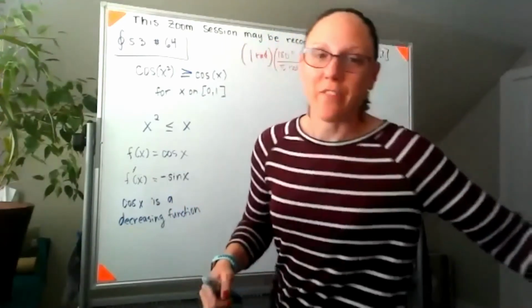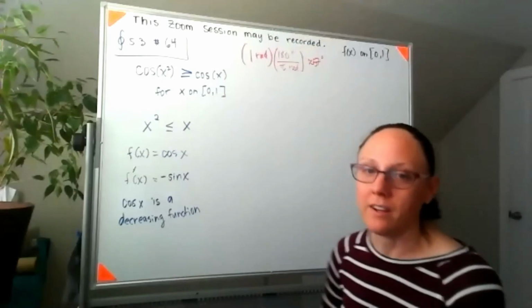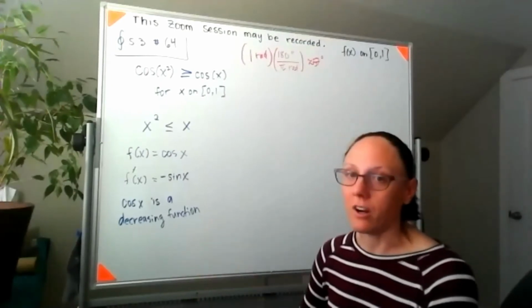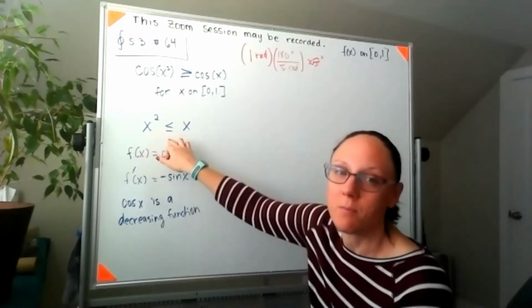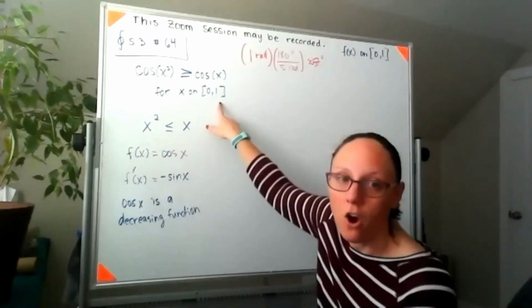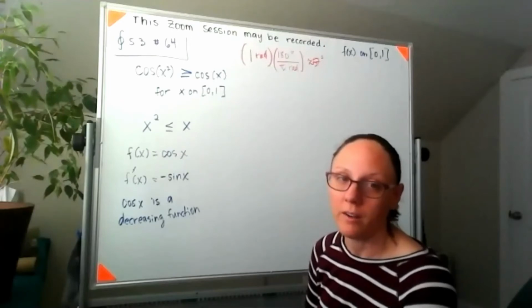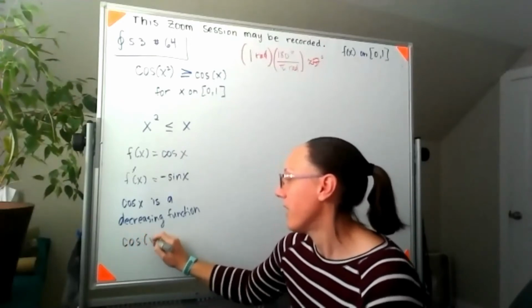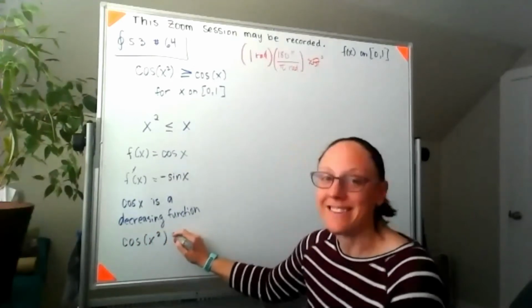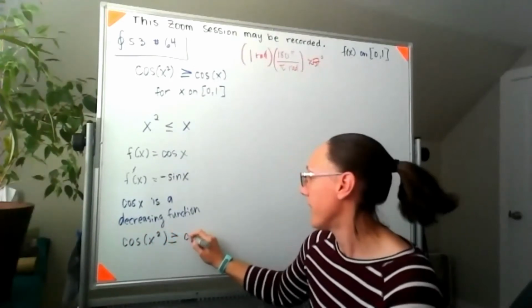Therefore, to get the larger values of cosine, we want the smaller things to be plugging into it. And because x squared is smaller than x on that window from 0 to 1, that means that cosine of x squared is definitely larger than cosine of x.